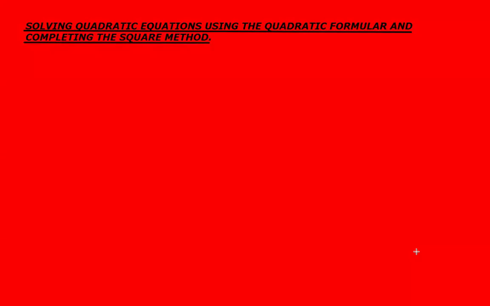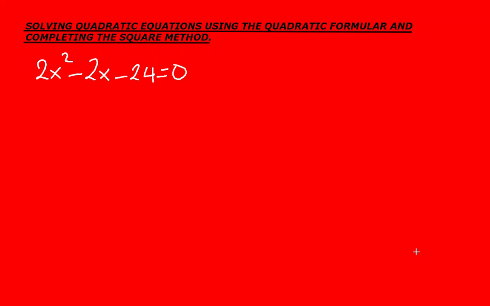So we have 2x squared minus 2x minus 24 is equal to 0.